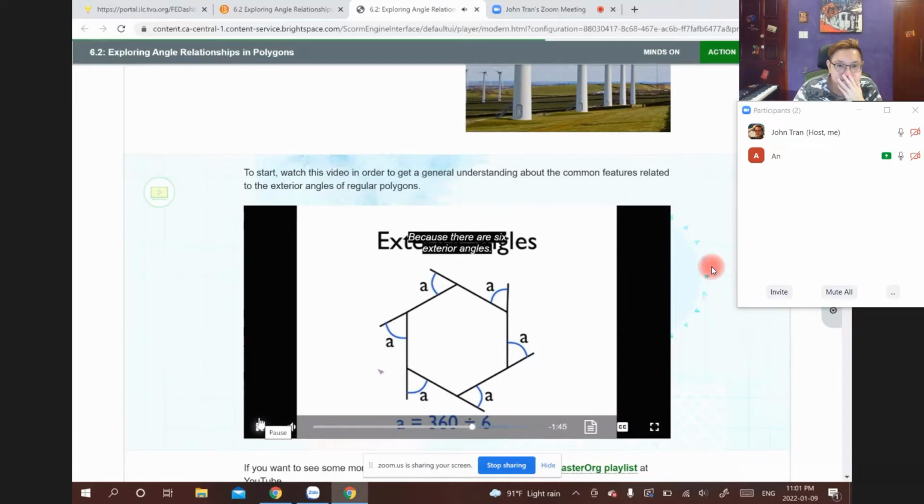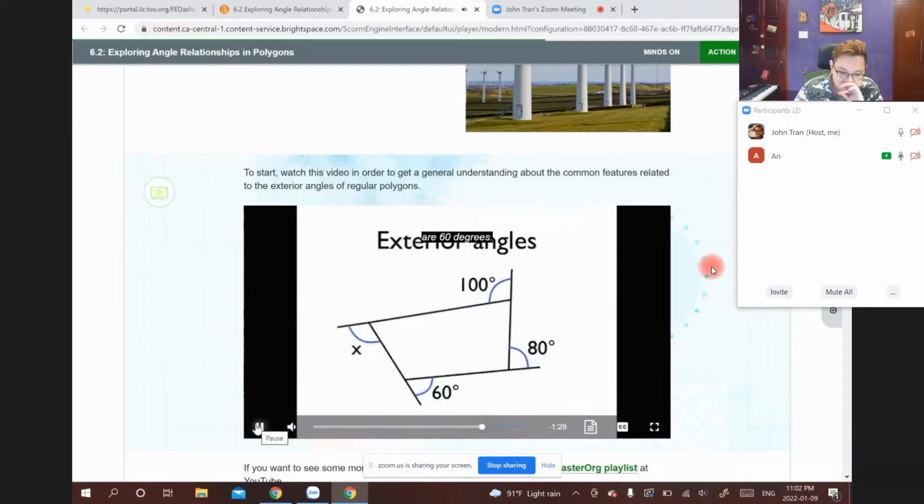Because there are 6 exterior angles. If I do 360 divided by the number of exterior angles I've got, in this case 6, I get 60 degrees. So in a regular hexagon, all of the exterior angles are 60 degrees.